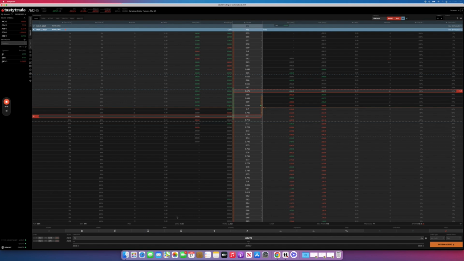And if you look in the bottom middle to the left here, we've got a delta of negative 0.02, which is, for all intents and purposes, basically delta neutral. It's very unlikely that you'll get it exactly 0.00, but 0.02 is absolutely fine. That's basically delta neutral.